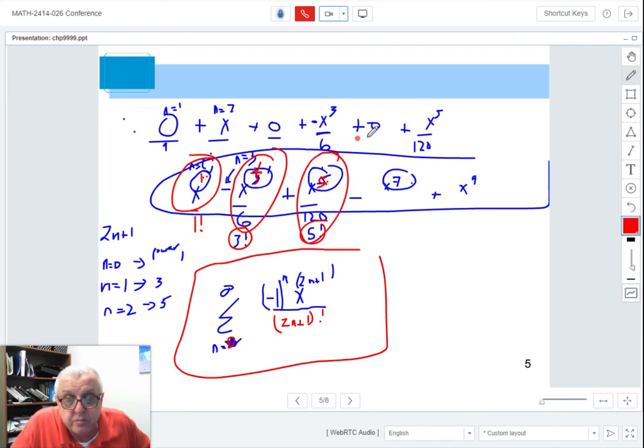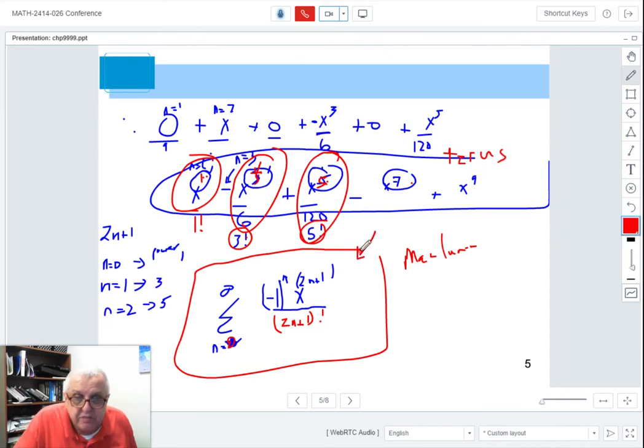Plug 2 into the formula, I get the third term. So this is the summation of the Maclaurin series. And these are the terms of the Maclaurin series. This is what the function actually looks like, the final summation function.